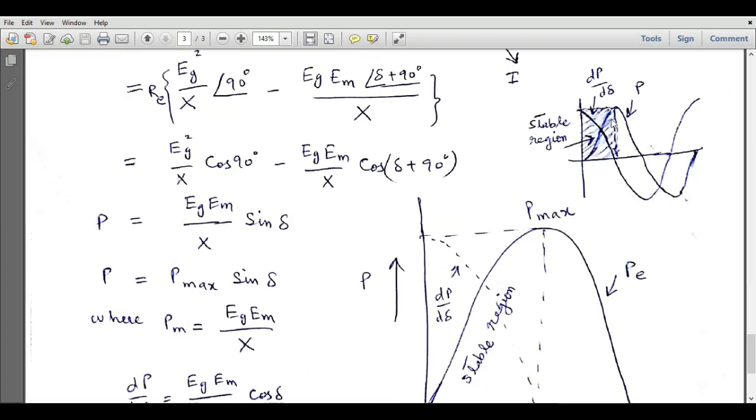So this is the stable region. Okay, this is the plot of P, this is the plot of dP over d delta. This is the stable region, and after this point, dP over d delta is negative, so that will be the unstable region. So that is all about the concept of steady state stability, and I hope you have understood the steady state stability concept of a power system.